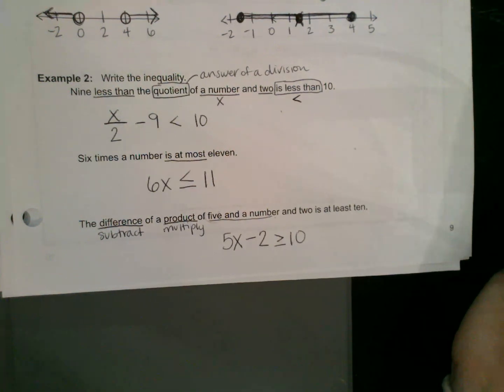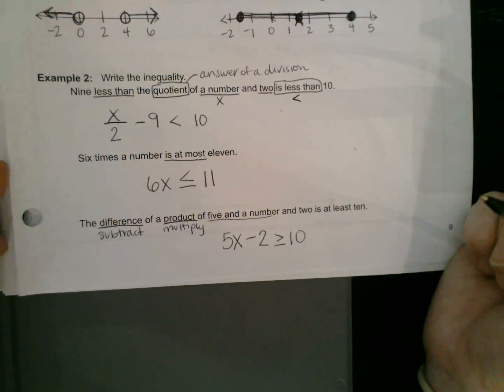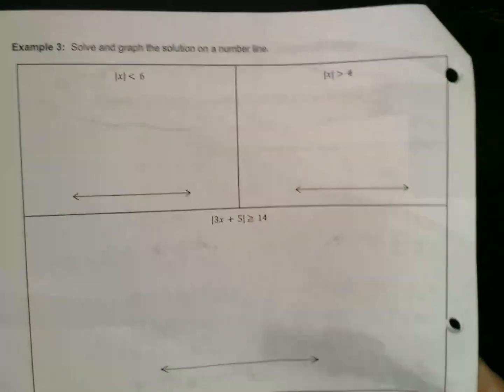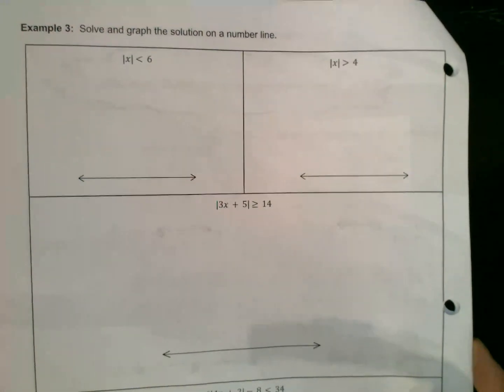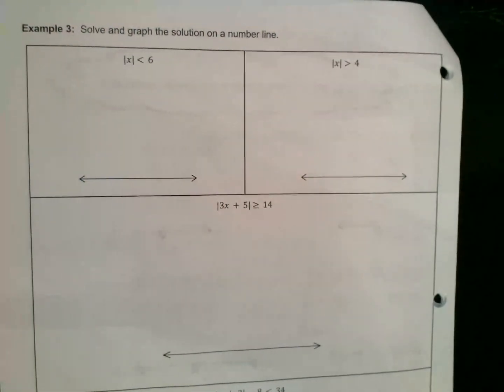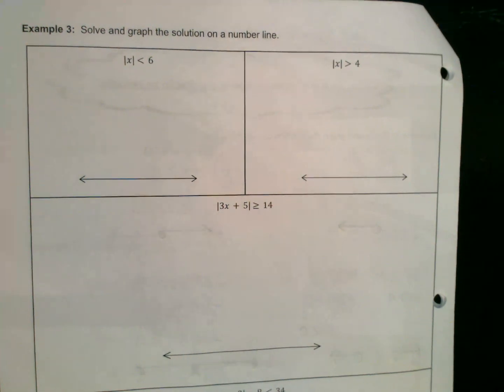Okay, let's flip the page and do a couple inequalities. Okay, so when we solve these inequalities, we do them a lot like we did the equations. Or sorry, oh my goodness, absolute value.